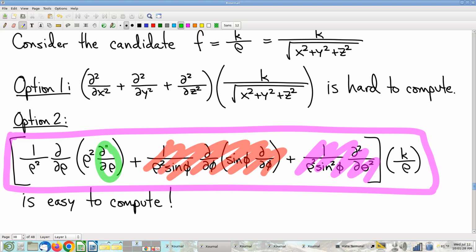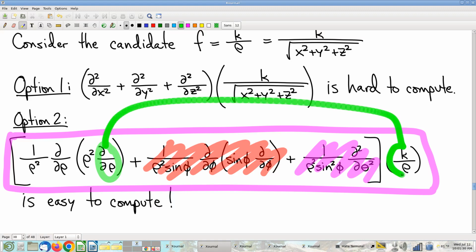Lastly, let's take the rho partial of this function that does have a rho in it. And so here I don't get to just wave my hands and declare 0. But it's an easy partial. I'm taking a partial with respect to rho of constant over rho. That's going to give me a different constant over rho squared, which I then multiply by rho squared, which gives me just a constant.